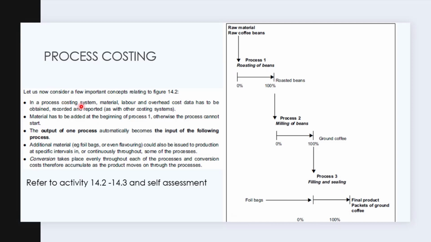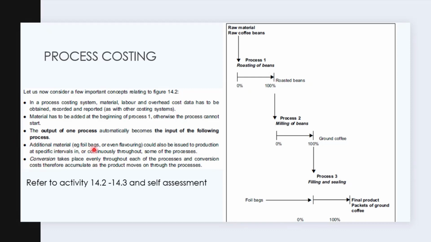They say that in a process costing system, material, labor, and overheads have to be obtained, recorded, and reported. Materials have to be added at the beginning of process 1, otherwise the process can't start. The output of one process, as I've said, automatically becomes the input of the following process.